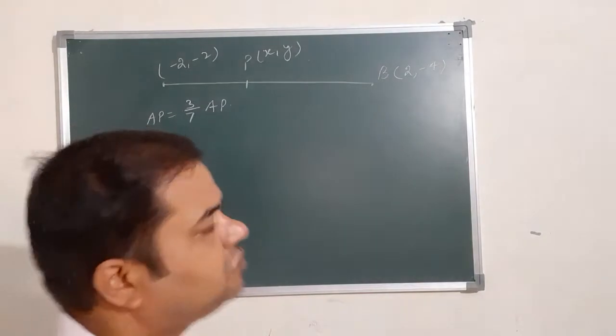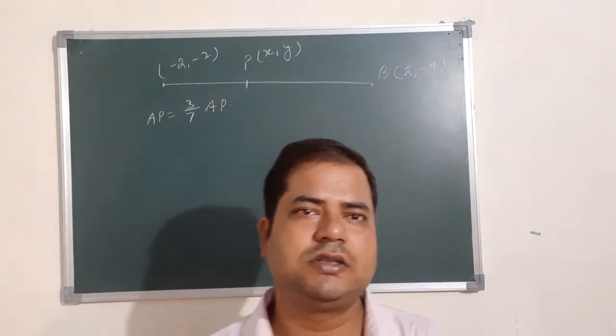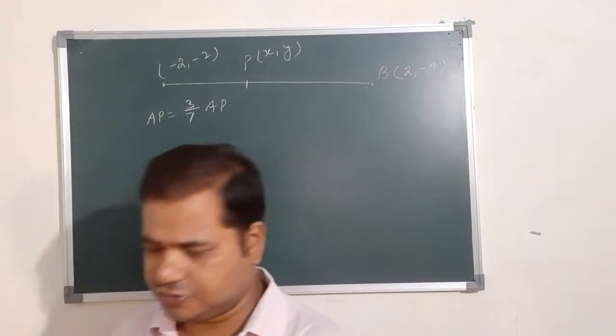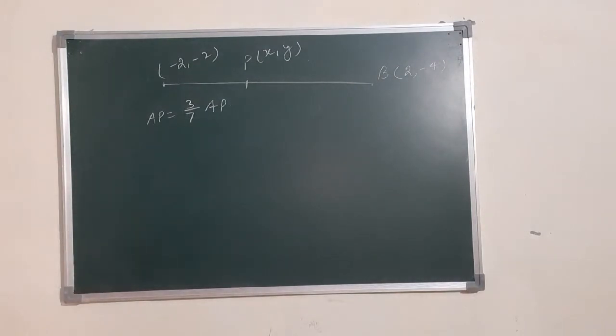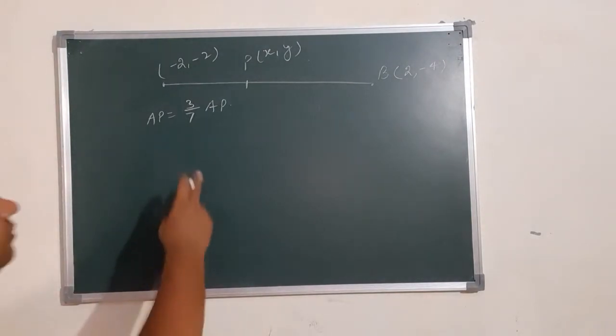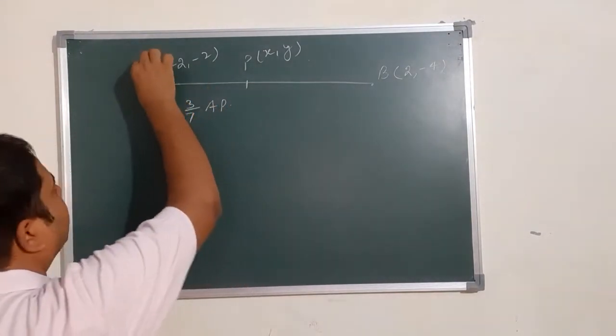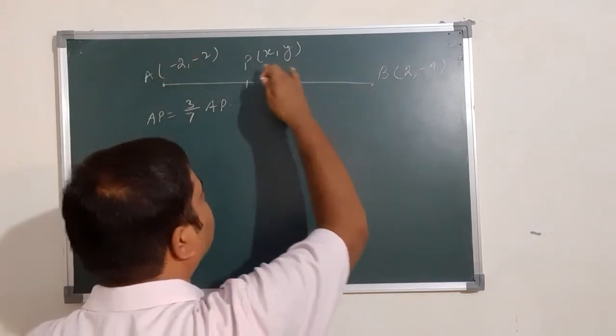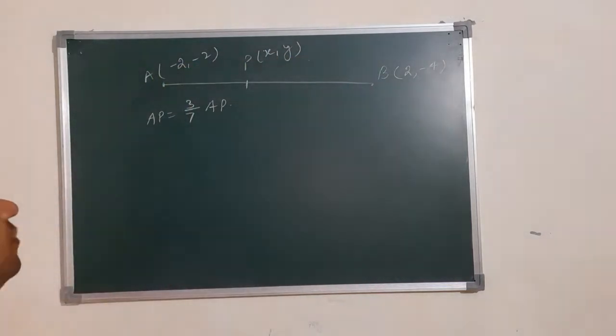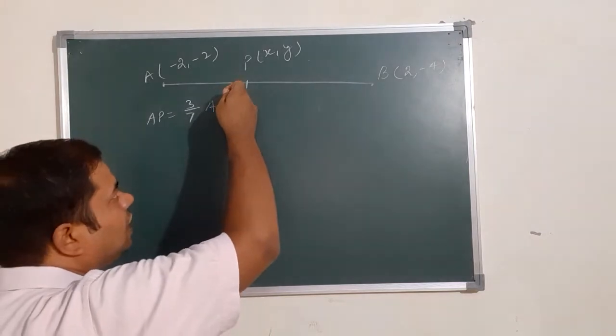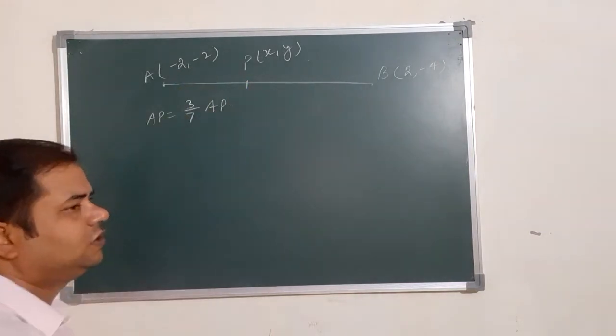This is also a very good question, so please try to understand the solution. We need to find the coordinates of point P. We have A (x1, y1), B (x2, y2), and P (x, y). What is not given is the ratio.